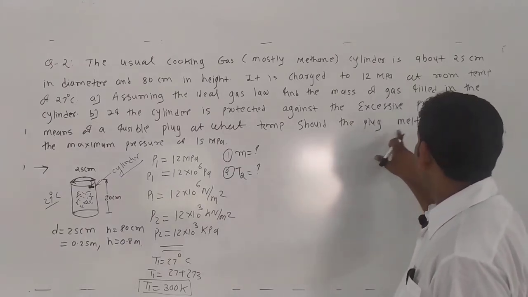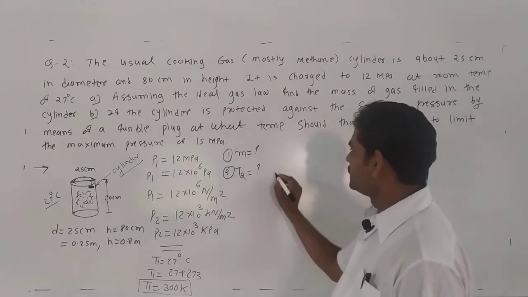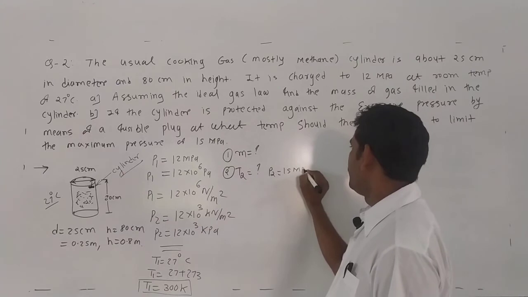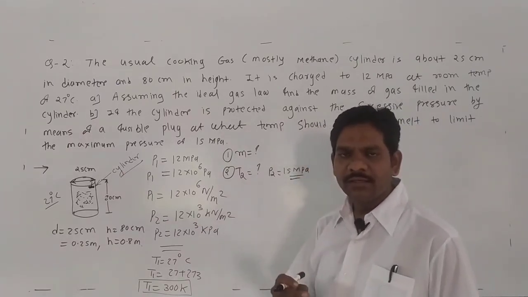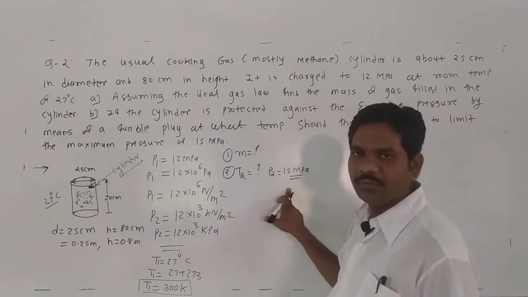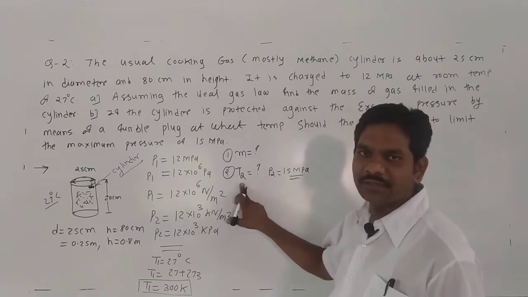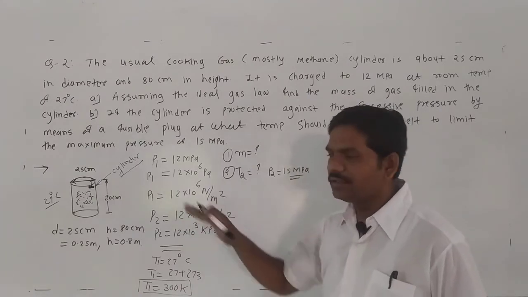At what temperature should the plug melt to limit the maximum pressure to 15 megapascal? How much pressure will be there? The pressure is 15 megapascals. This much pressure is sufficient to maintain the gas inside the cylinder. But if you increase the pressure beyond 15 megapascal, then this fusible plug starts to melt and the pressure suddenly drops in the cylinder.